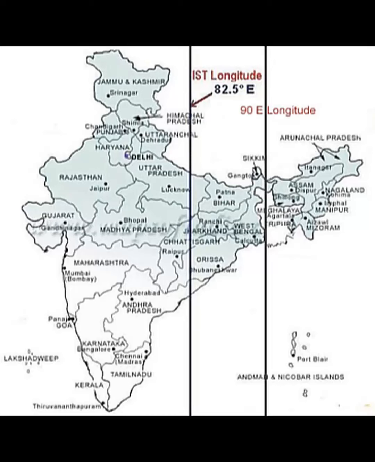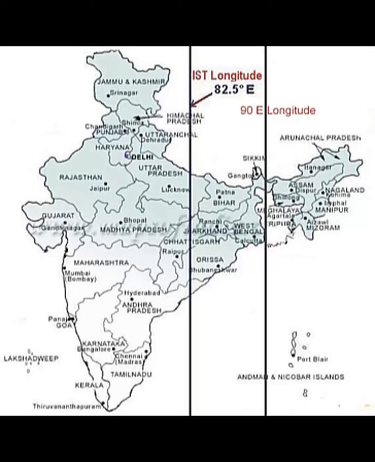Next one we will take, that is time zone and standard time. Now see, the earth has been divided into 24 time zones according to the number of hours in a day. Each zone covers 15 degrees longitude, 360 divided by 24.